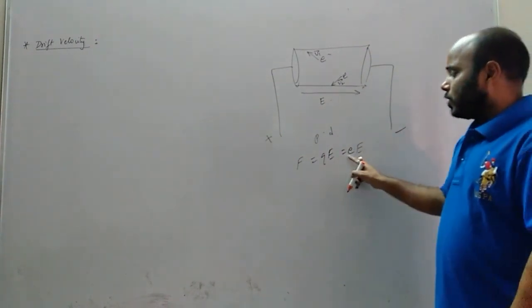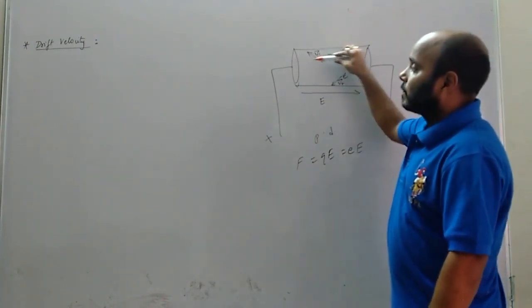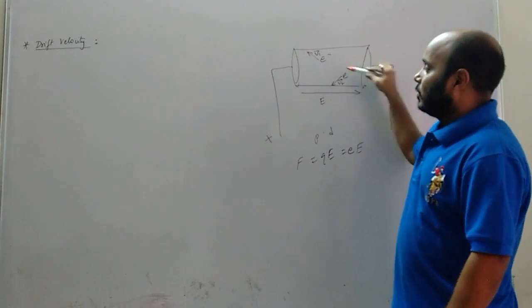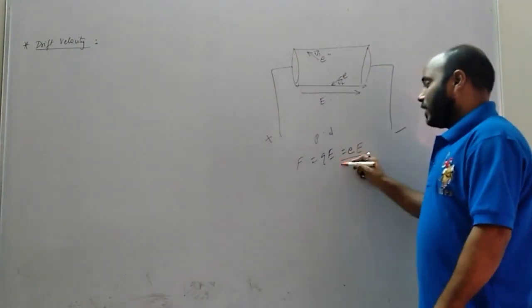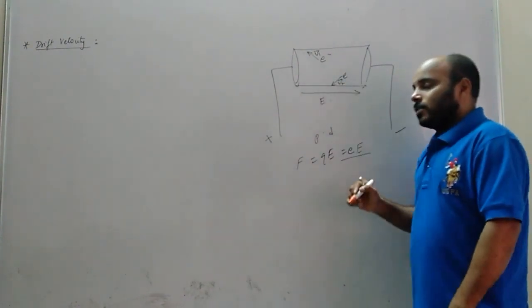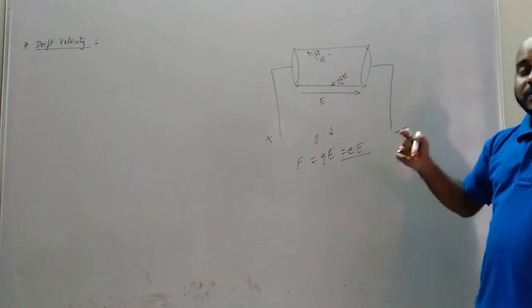Due to this force, in which direction will it act? In this direction, electrons will be attracted towards the positive. So this force which every electron is experiencing is due to the electric field we apply, that is, the potential difference we apply, right?